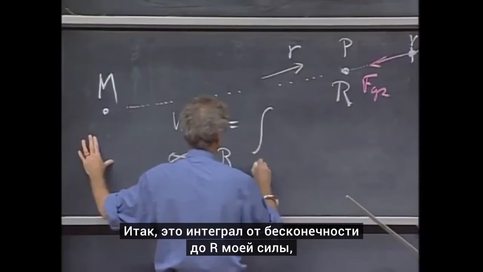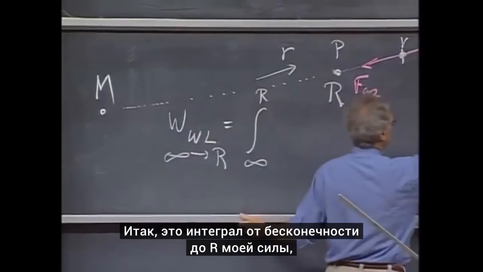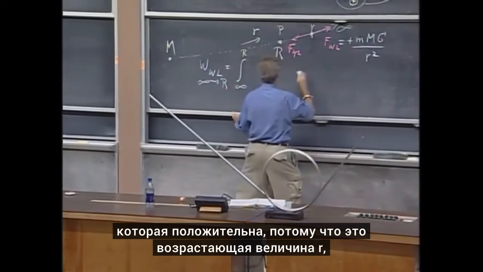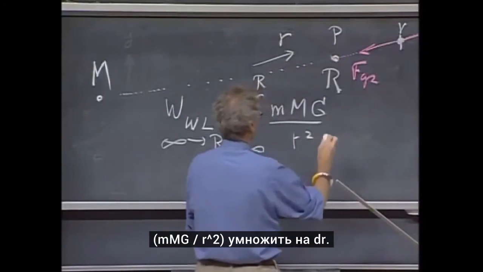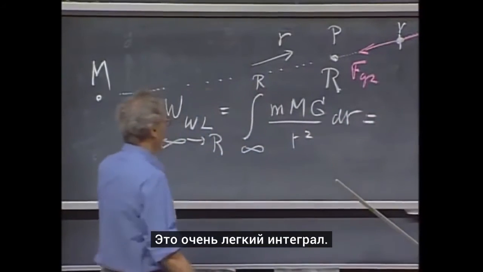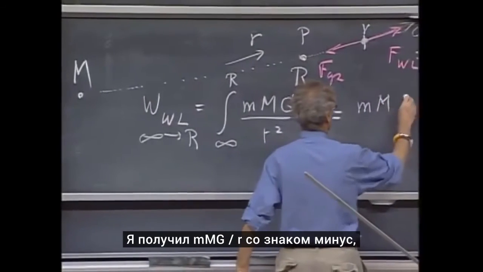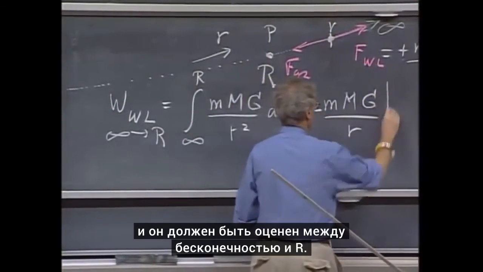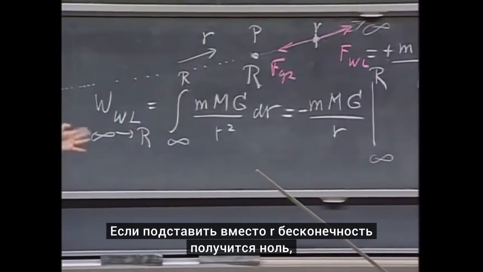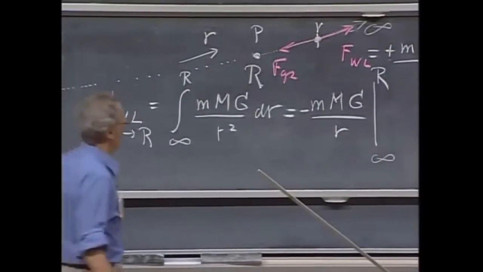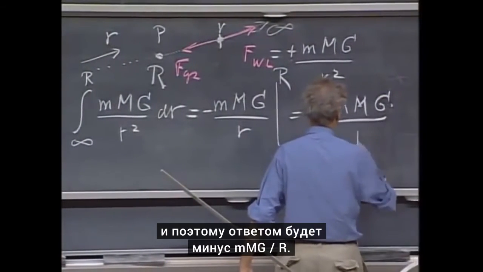So that is the integral going from infinity to R of my force, which is plus, because it's an increasing value of R, GMm divided by R squared dr. That's a very easy integral. This is minus 1 over R, so I get minus GMm over R, and that has to be evaluated between infinity and capital R. When I substitute for R infinity, I get a 0, and so the answer is minus GMm over capital R.